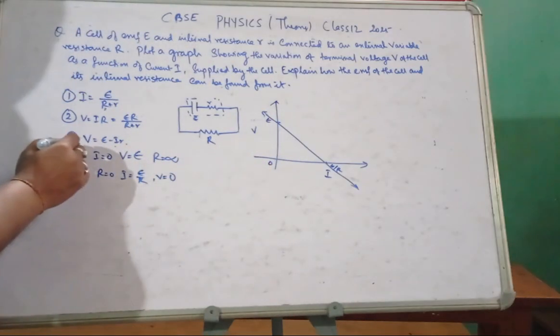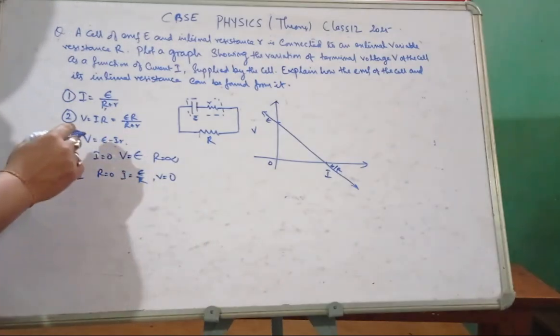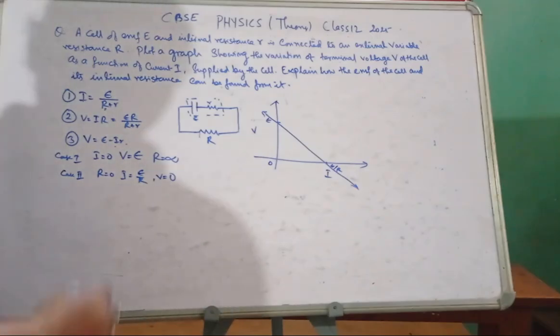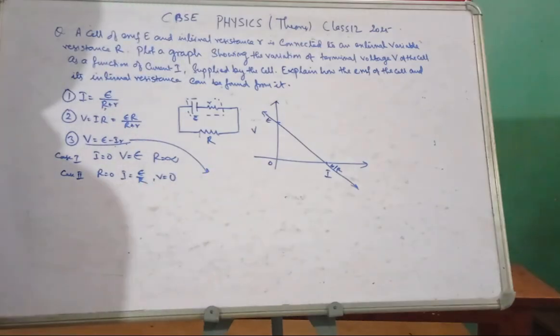Yes, this is your graph, a linear graph. From here you find that the voltage decreases linearly as current I increases.